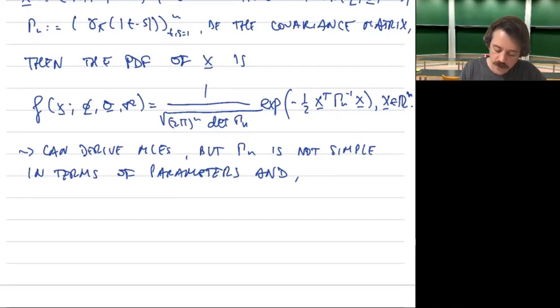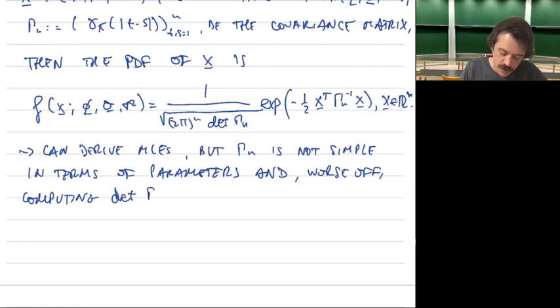So, in terms of parameters, computing the determinant of this matrix and the inverse of this matrix is expensive.